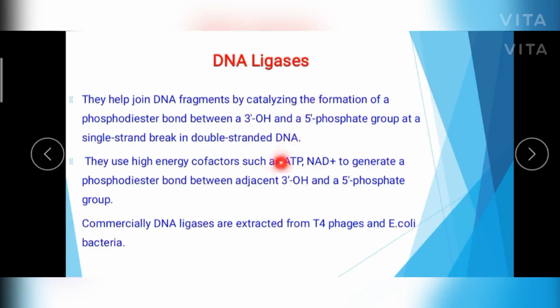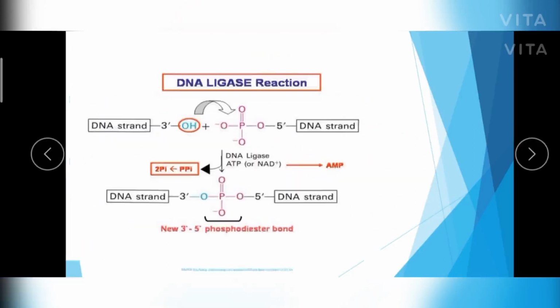Then the last one is DNA ligase. This helps in joining the DNA fragments by the formation of the phosphodiester bond between the 3' hydroxyl and the 5' phosphate group present in the double stranded DNA, and they require high energy phosphate groups, that is ATP and NAD, for this reaction.